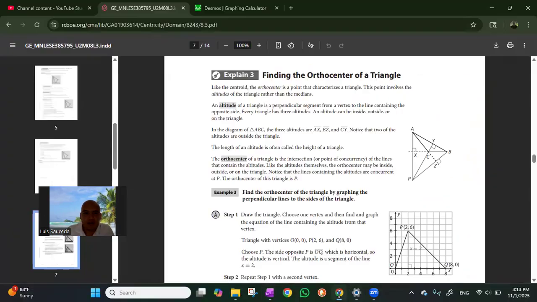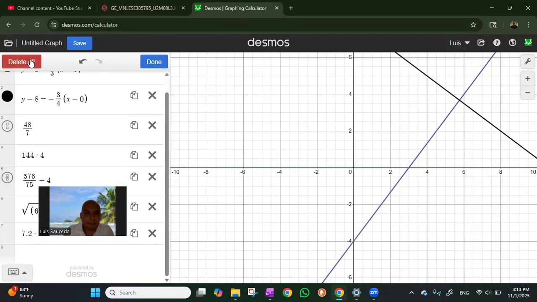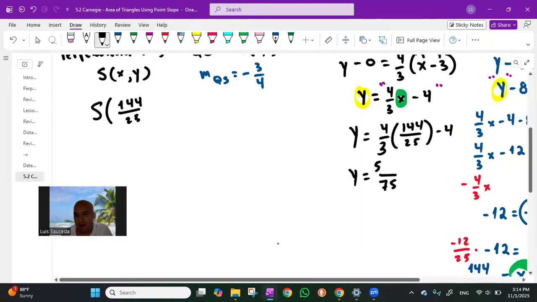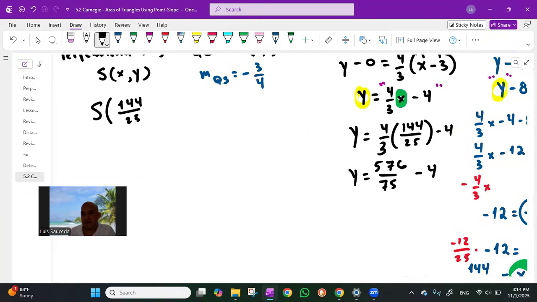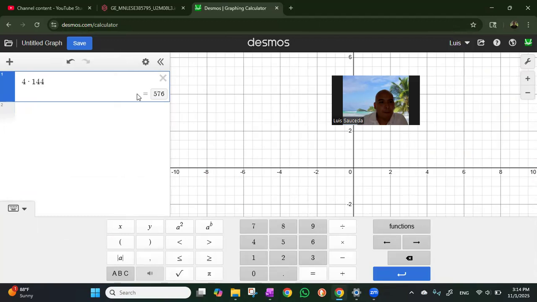So if you open up a calculator, and you go to decimals here, and get rid of this. So 4 times 144, well, no, it's 576, right? And I'm the math teacher. So there you go. 576 minus 4, right? And that is reducible, I believe. So if you go to decimals, and in case you don't know how to reduce on decimals, you can just do 576 divided by 75.